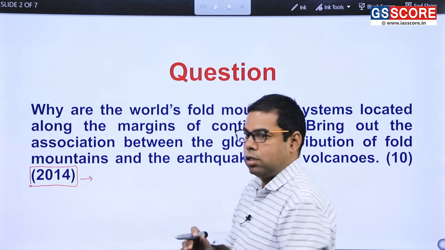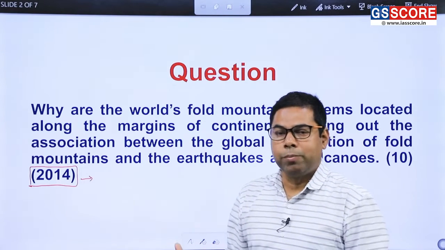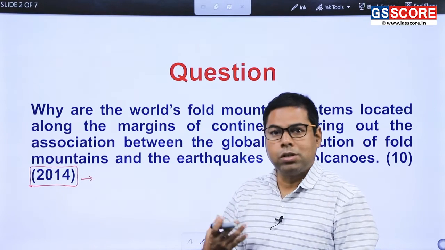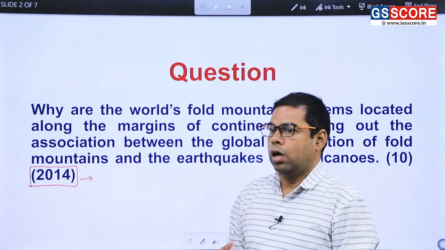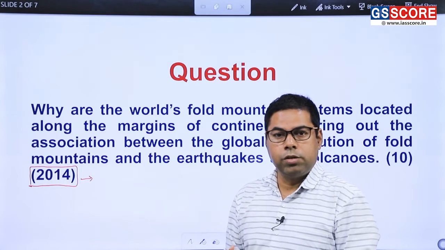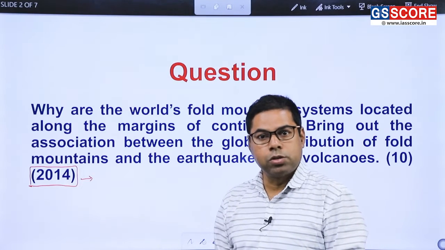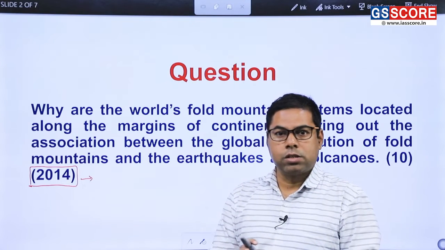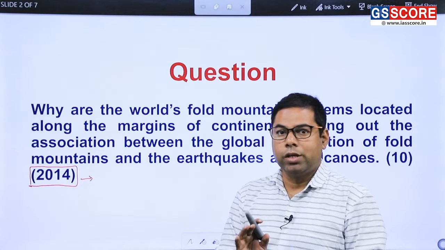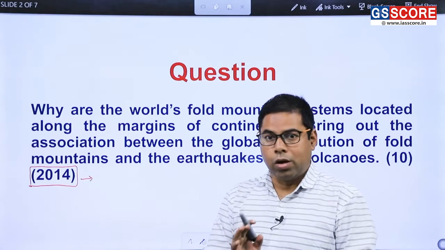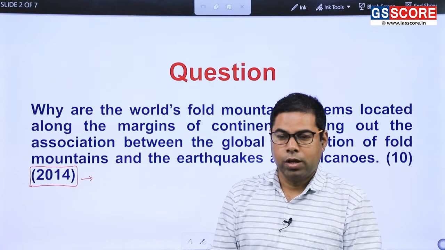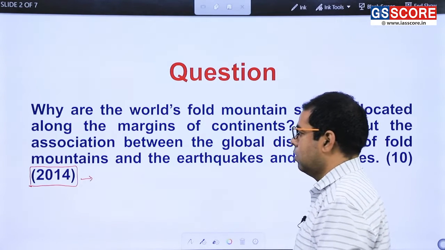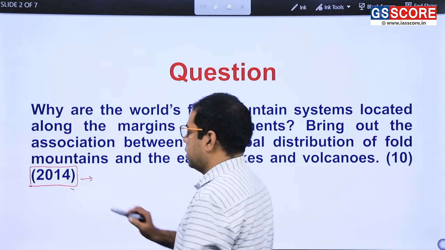In that year unexpected questions appeared, questions which were beyond the books, not at all discussed in any NCERT or reference books written by different authors. I find that one of the qualitative papers, with qualitative questions. So I want to discuss one of the questions which appeared in 2014.